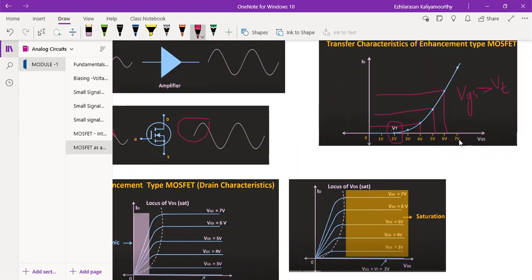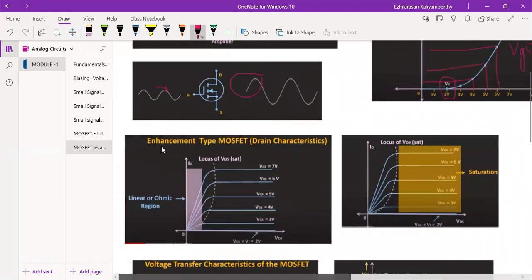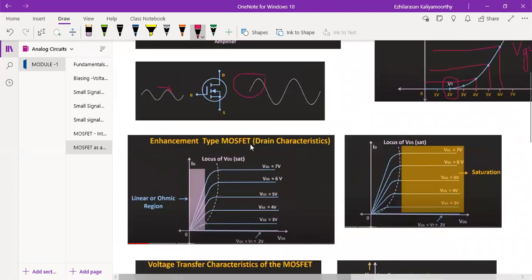So to work on that small signal, you see one more thing here. I'll show the enhancement type MOSFET drain characteristics. That is VDS versus ID. We are varying the VGS. The VGS keeps on increasing: 2 volt, 3 volt, 4, 5, 6, 7.